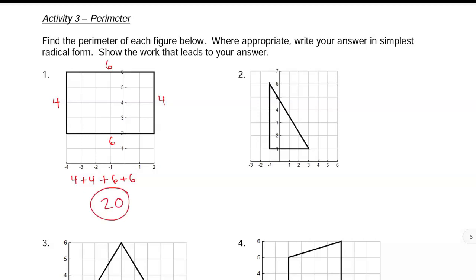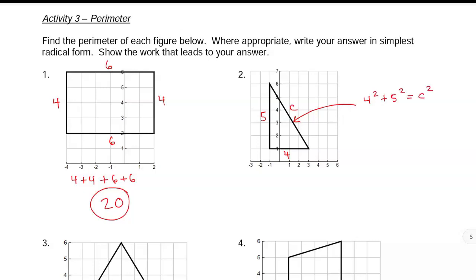Number 2, the bottom of the triangle is 4 units long, and the left side is 5 units long. I would love to say this is a 3, 4, 5 triangle, but it is not, because the 5 is not on the hypotenuse. So that means I have to find the hypotenuse. We oftentimes call that C, so my setup would read 4 squared plus 5 squared equals C squared.